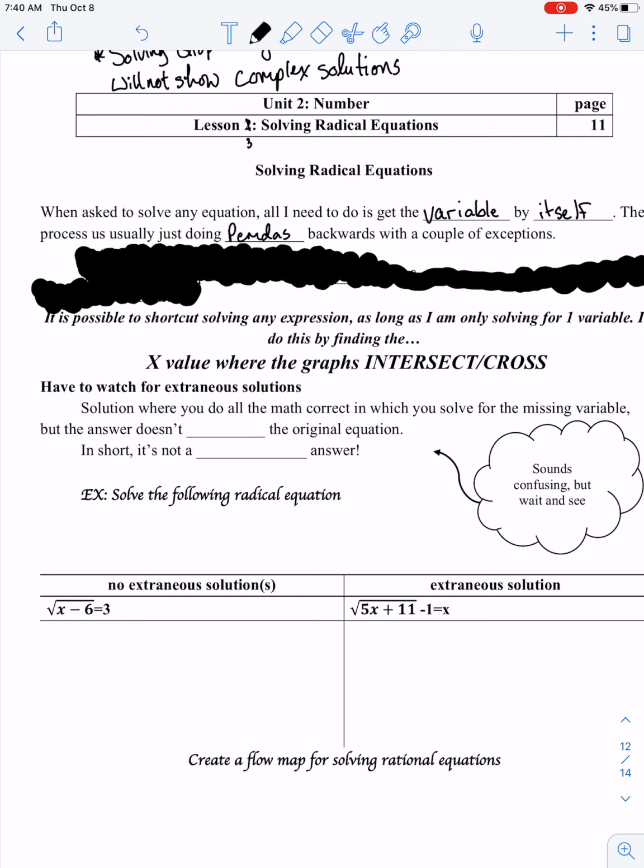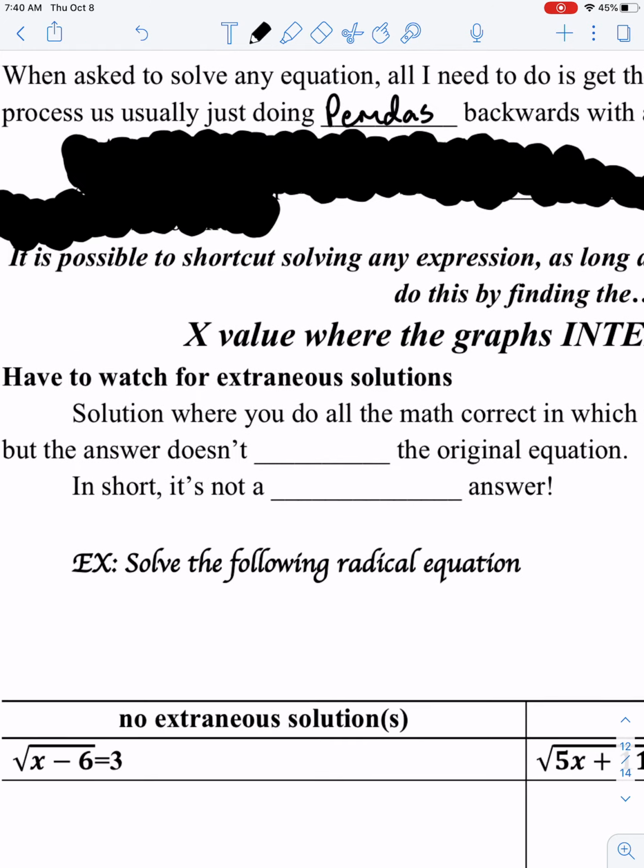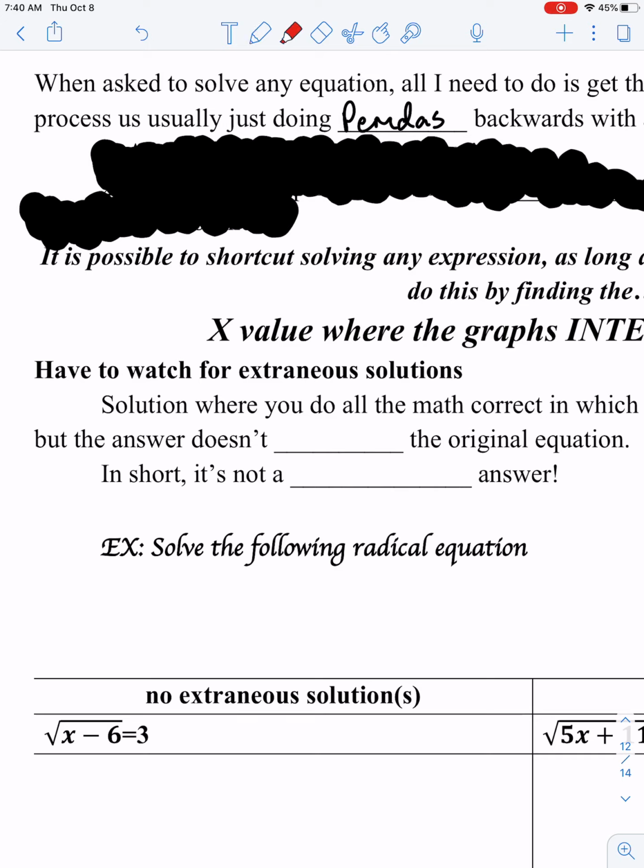Radical equations are going to be our first look into extraneous solutions. Now, I don't know if kids still say this now, but what I think of is extra. A couple years ago, if somebody said you were being extra, you were doing too much.